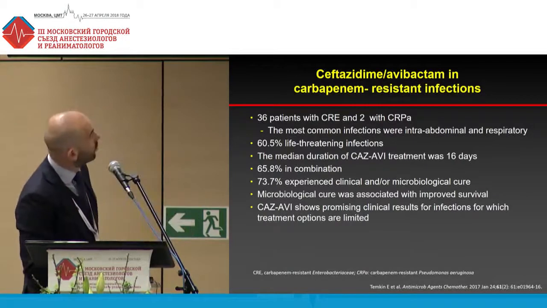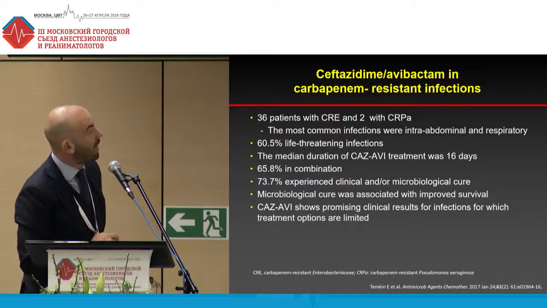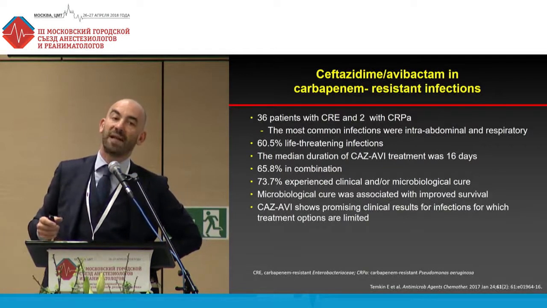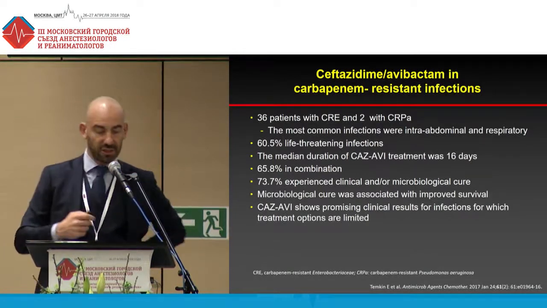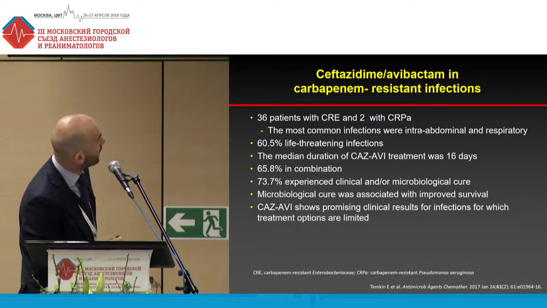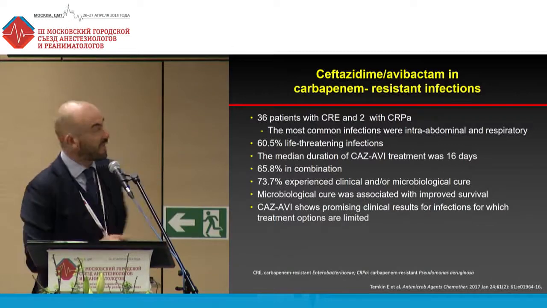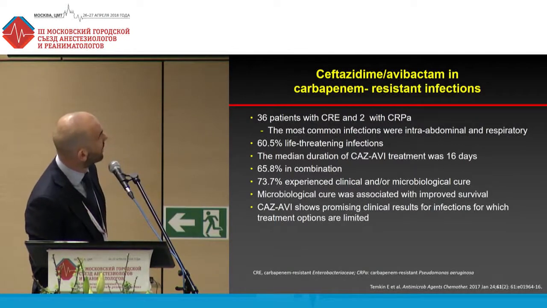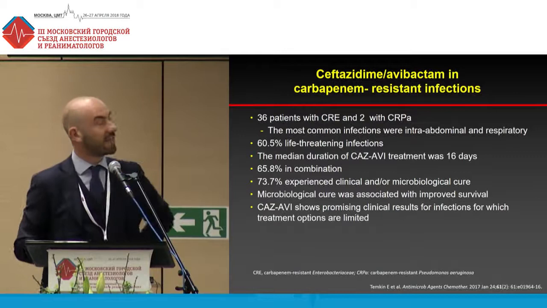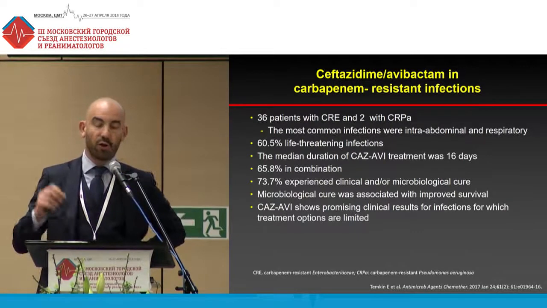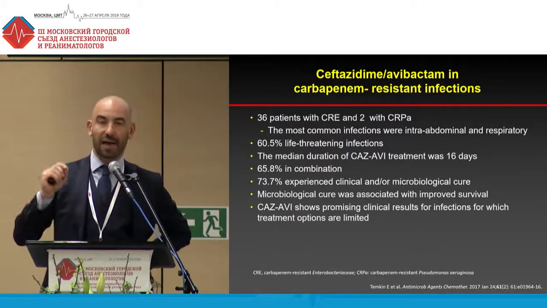The median duration was 16 days. The majority of the use was in combination with a second agent, and they experienced quite good clinical and microbiological cure, 73%. Ceftazidime-avibactam shows promising clinical results for infections for which treatment options are limited.